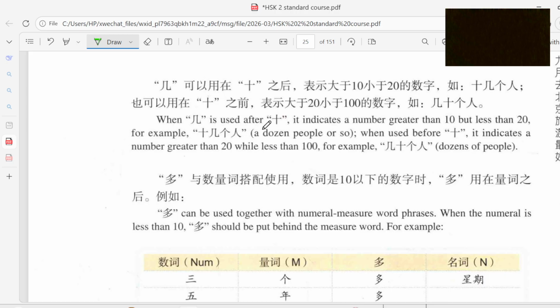When ge is used after 10, it indicates a number greater than 10 but less than 20. For example, 十几个人. In this case, it's used after 10, and 10 is 十 in Chinese, right? So it means a dozen people or so: 12, 15, 17, but not greater than 20.